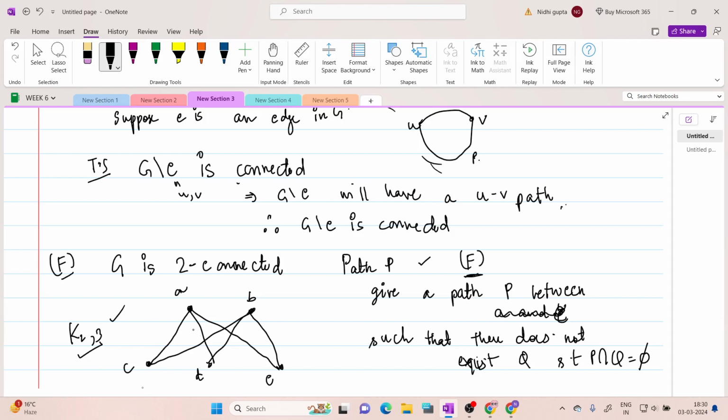Okay, this example won't work, I think. Wait. Suppose I am removing AE now.